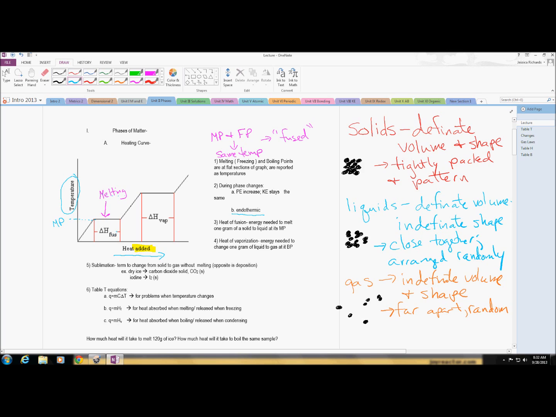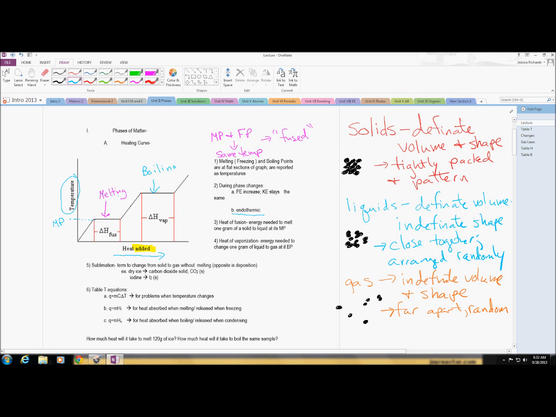The amount of energy required is the heat of fusion. The melting point is the temperature, and remember that's an arbitrary scale, and it's going to be different for each substance, and so will the amount of heat be different for each substance. They're constants.